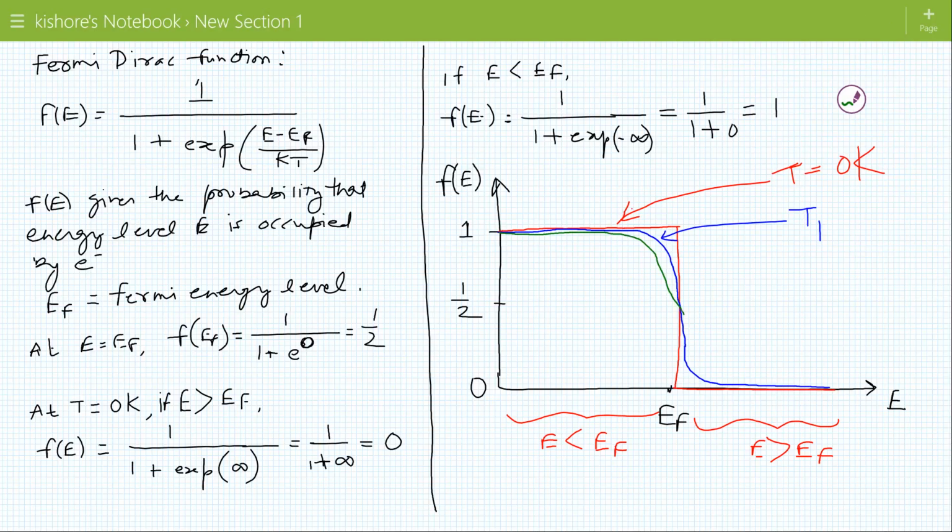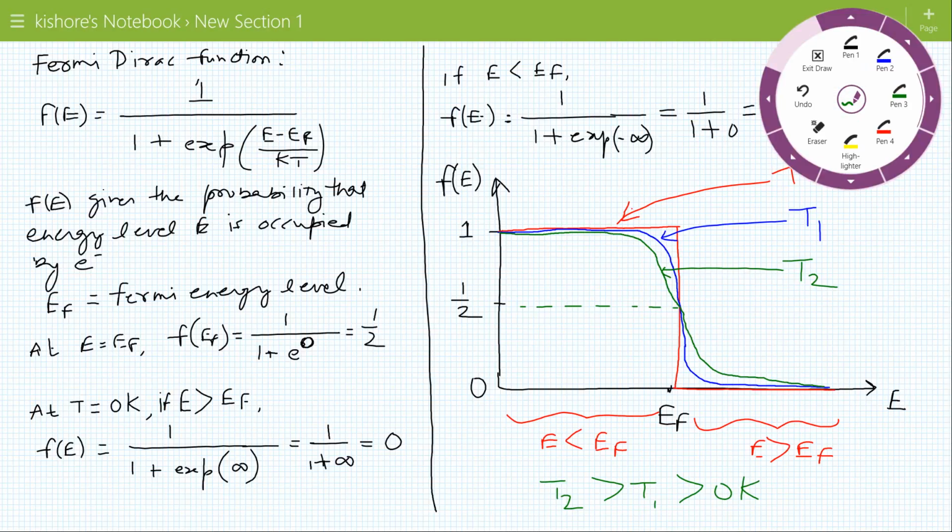Again at Fermi level, Fermi-Dirac function is 1 by 2. This curve is for temperature T2. Every time at any temperature, value of Fermi-Dirac function at Fermi energy level is 1 by 2. Here temperature T2 is greater than T1, and that is greater than absolute temperature.